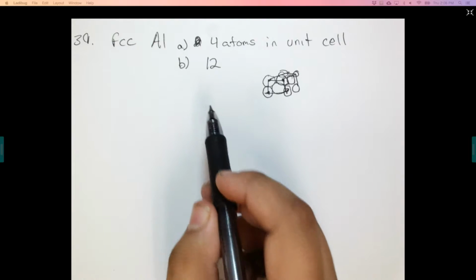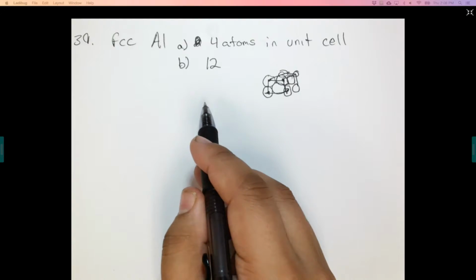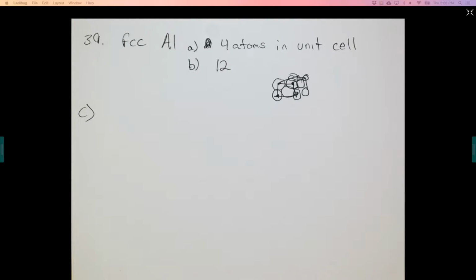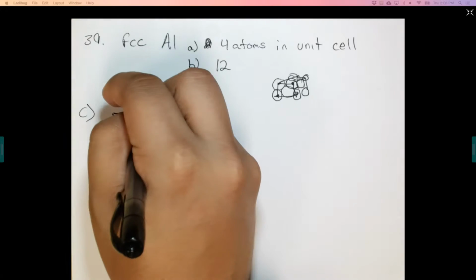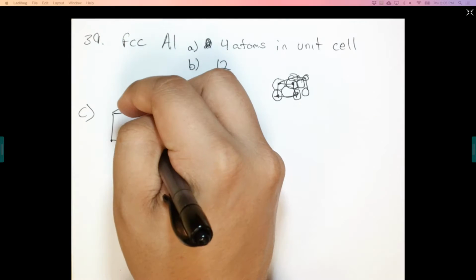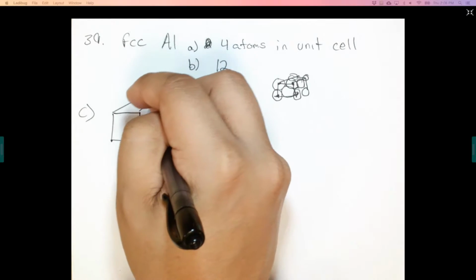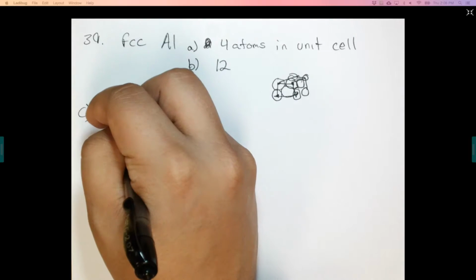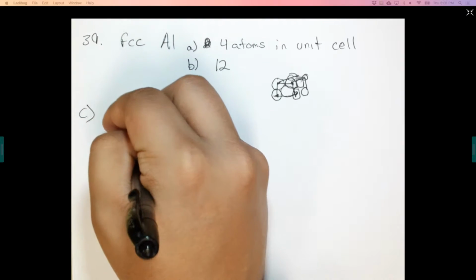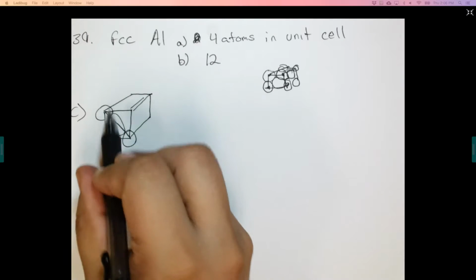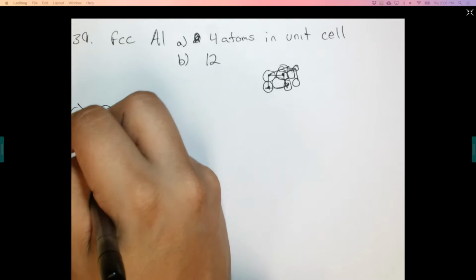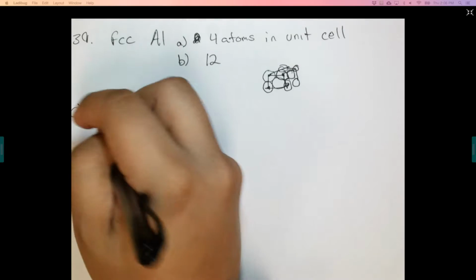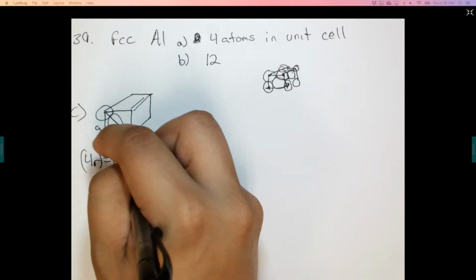The length of the edge of the unit cell, a, which is question C, can be determined if we think about the unit cell, and I'm going to try to draw this one a little bit better. The distance across the unit cell face is equal to 4r. What that means is that (4r) squared is equal to a squared plus a squared.